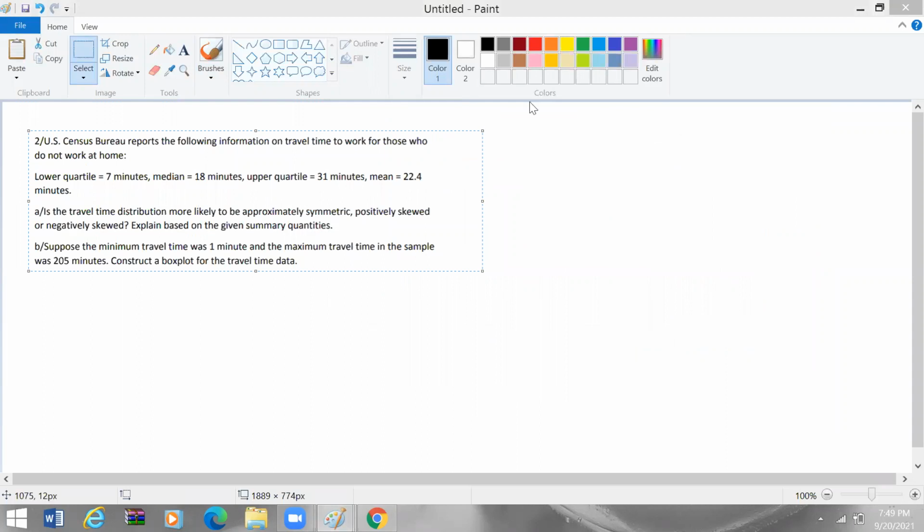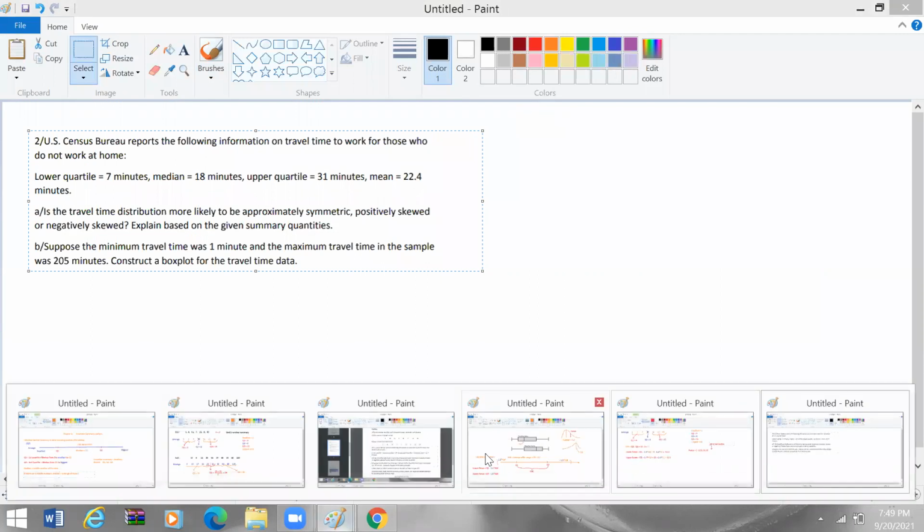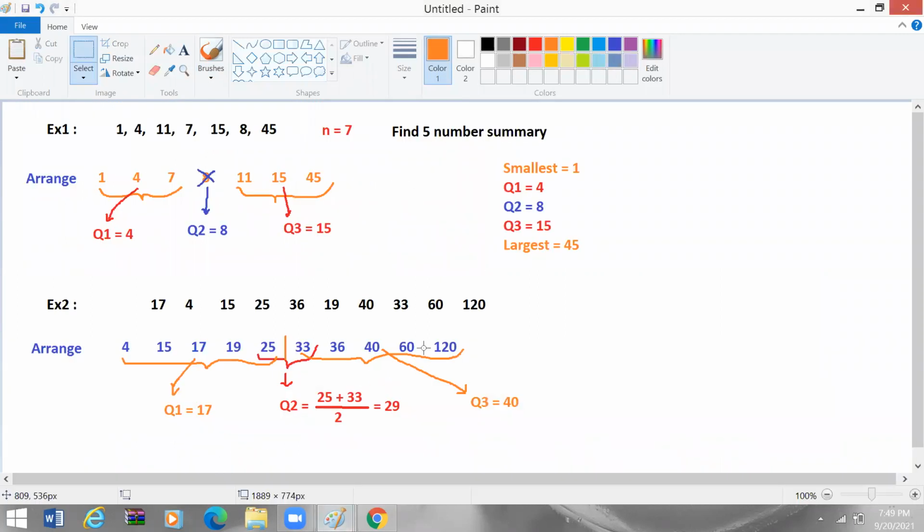Can we have one more? Yes, so we can have like 5. So for instance, I can make that example, right? So 40, the next will be 60, and then 120. I can make like 140. It might change my Q3, but still the Q3 jumping from 40 to 60 is not going to be a big jump.